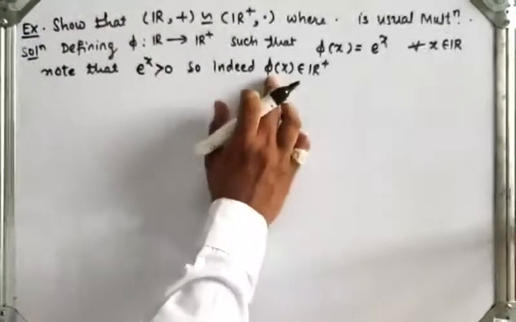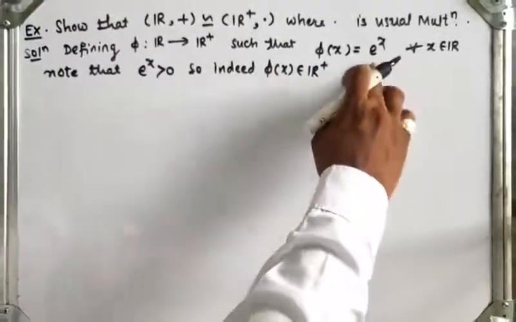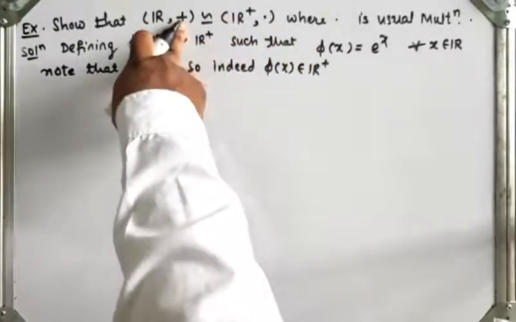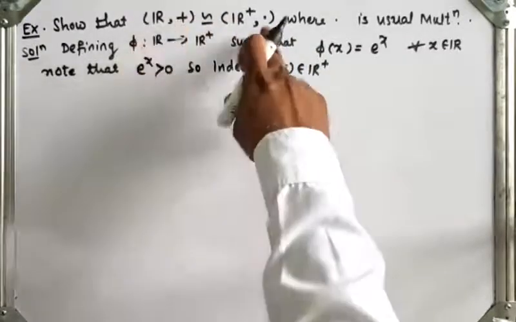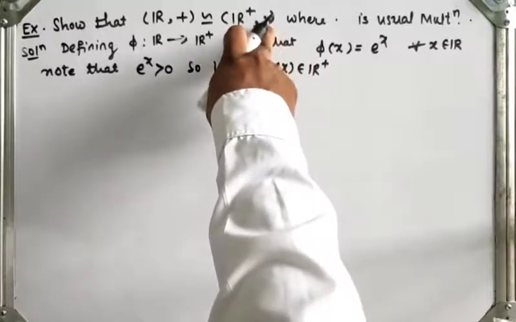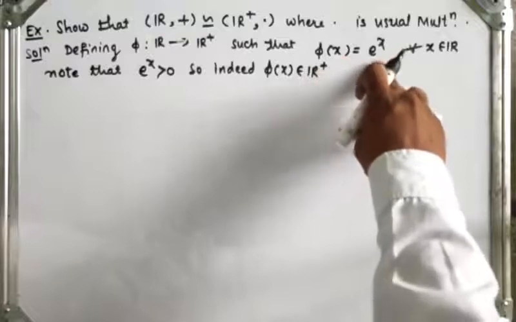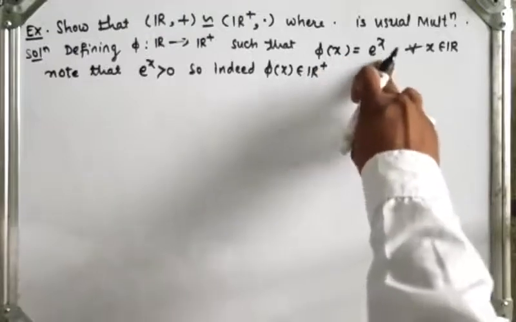So now we have defined the function phi of x. For every function here, if you have addition as the first binary operation and multiplication as the second binary operation, then we define the function like this: phi of x is equal to e raised to x, or phi of x is equal to a raised to x.